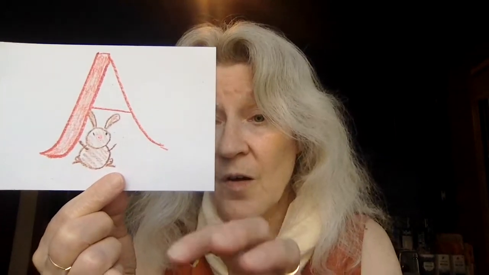Is it an animal that has claws on its feet? No. Is it an animal that has hooves? Yes, it does. Is it an animal that lives when it's not in the zoo? Does it live in Africa?